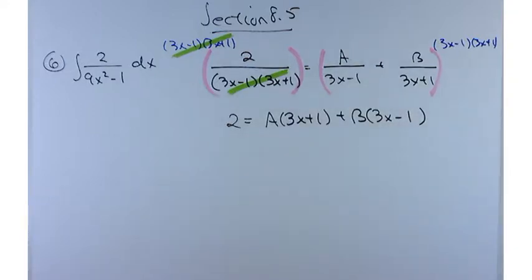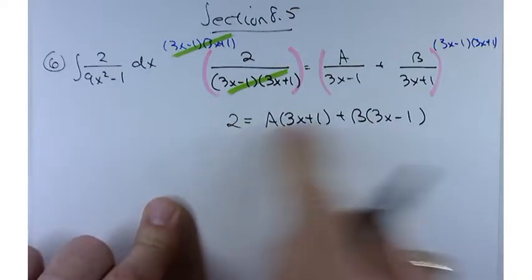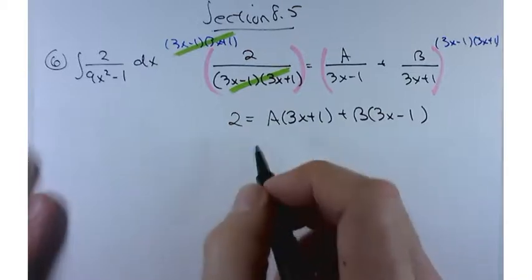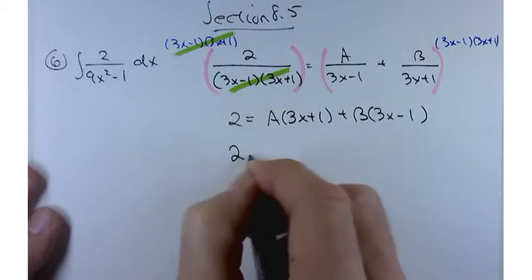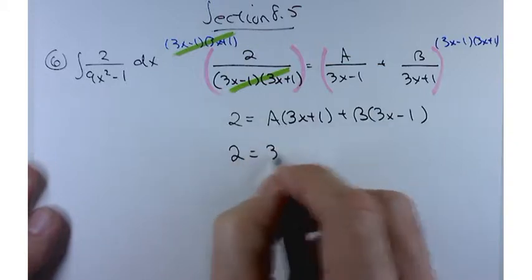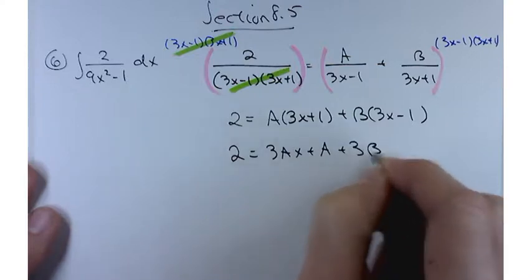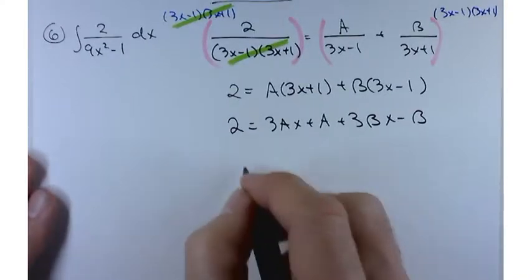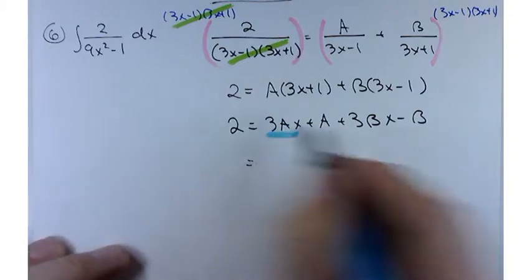Now there's a couple ways that we can solve this. We need to eventually figure out what A and B equal. So one way is to equate coefficients. And how does that work? Well, this is 3Ax plus A plus 3Bx minus B. Let me put the x terms together, so that would be this one and this one.